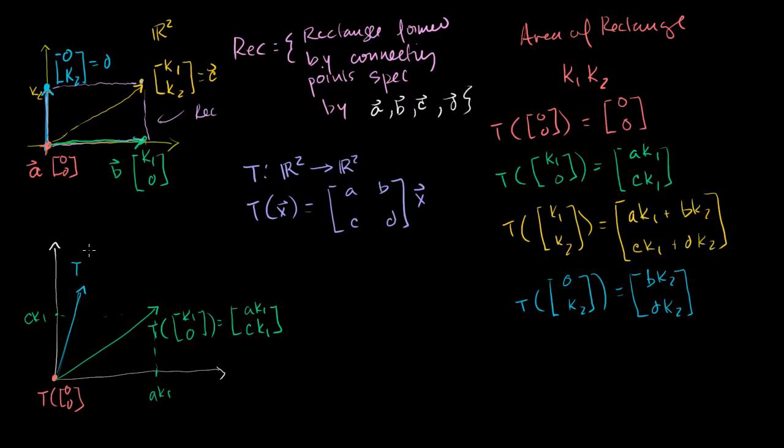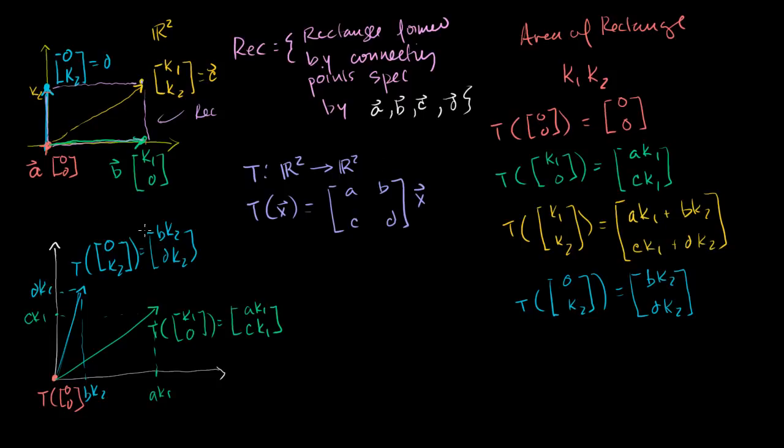This is the transformation of that vector, 0, k2, by this linear transformation, which is equal to the vector bk2 and dk2. So this point right here is bk2, and this coordinate right there is dk2.